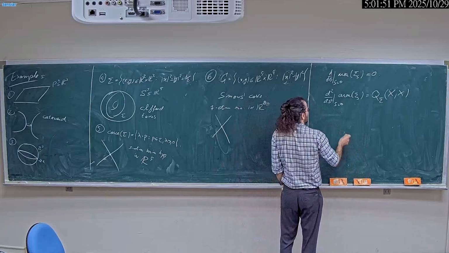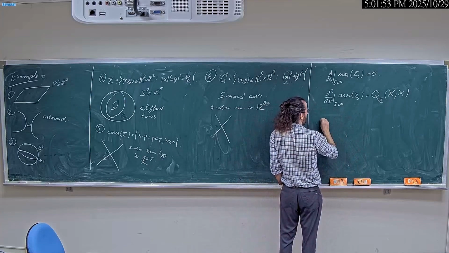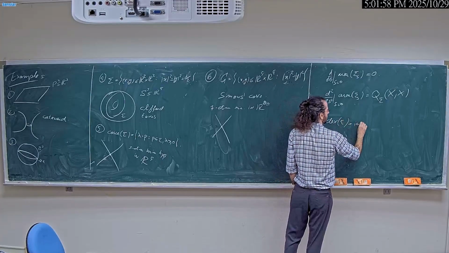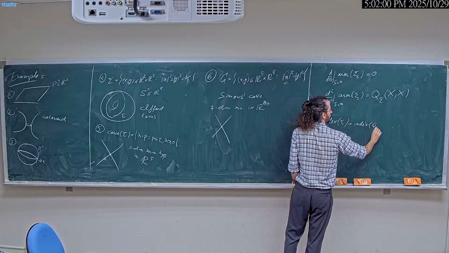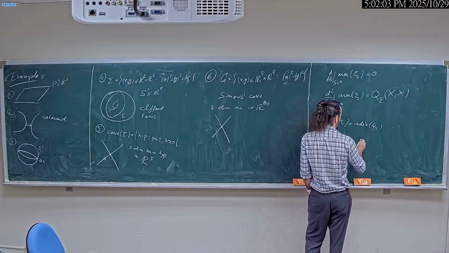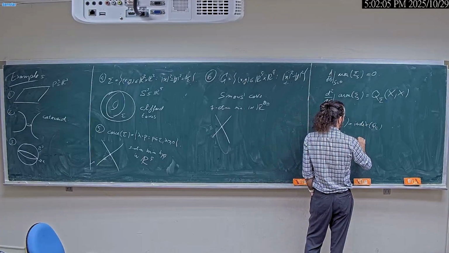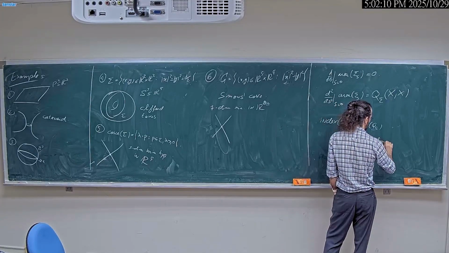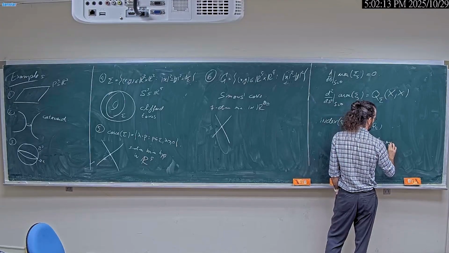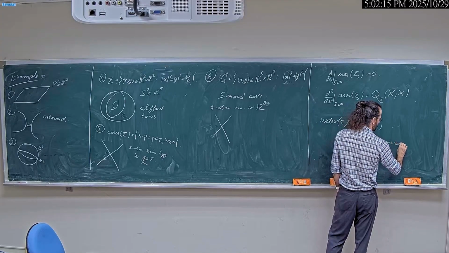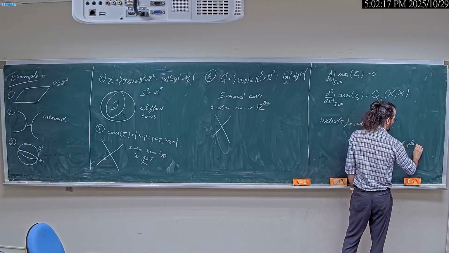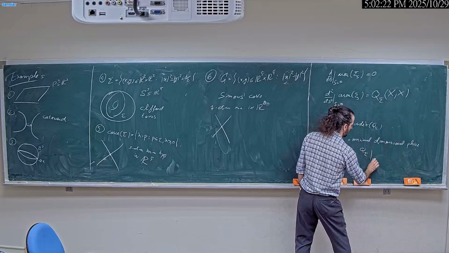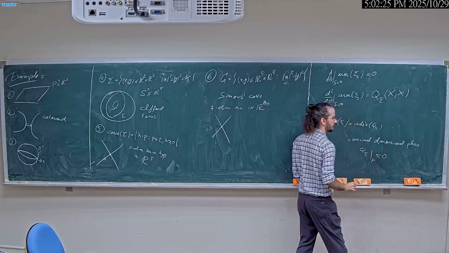Then you can define the index of this form, and the index of sigma is just the index of this quadratic form. That is just the maximal dimension of a plane on which this quadratic form is negative definite.